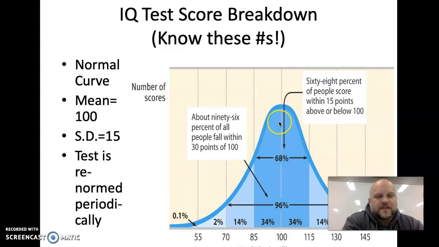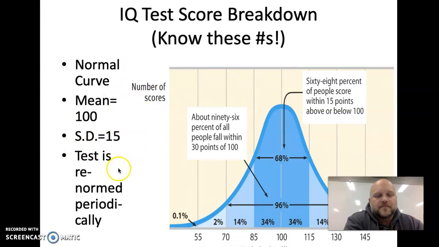In the middle you've got the mean, median, and mode. They're all pretty much the same. The average IQ score is 100, and the standard deviation is always 15. Those things are set. I'm not sure who determines that, but the people in charge of IQ testing determine that 100 is average and the standard deviation is 15.